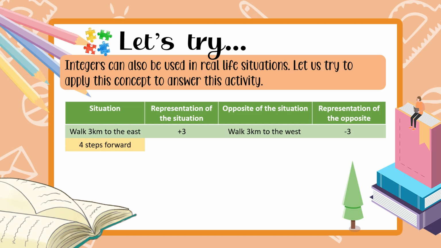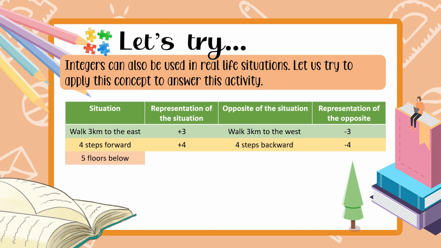Next, we have 4 steps forward. So, kapag forward, we're going to use positive. So, this is positive 4. The opposite of forward is backwards. Kaya, ang ating opposite ng situation, 4 steps backward. And the representation of the opposite is negative 4.